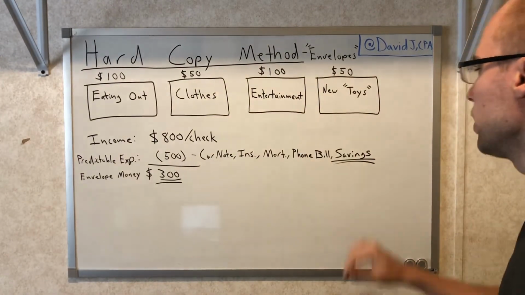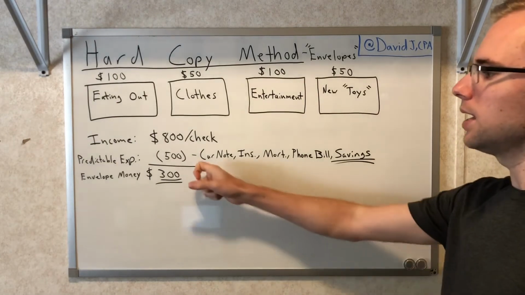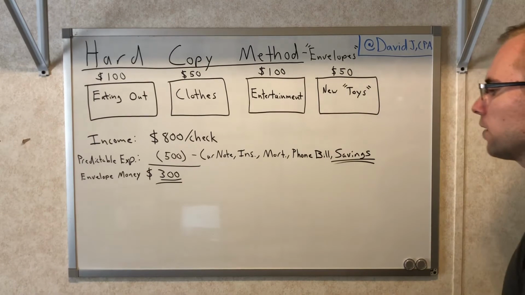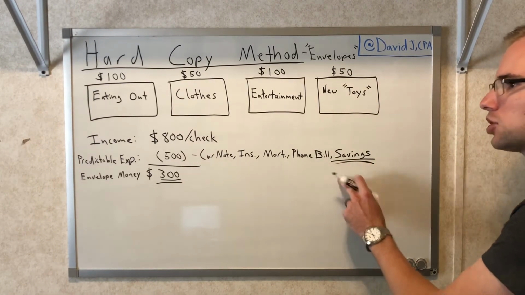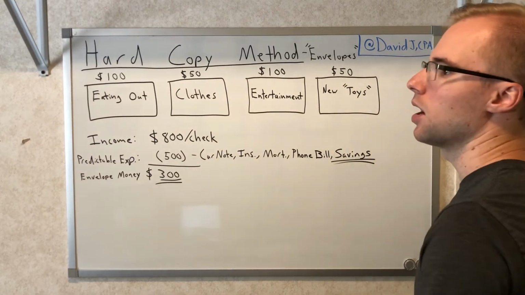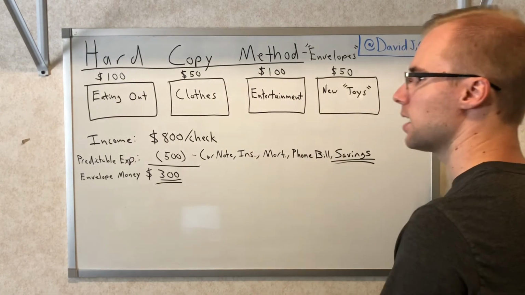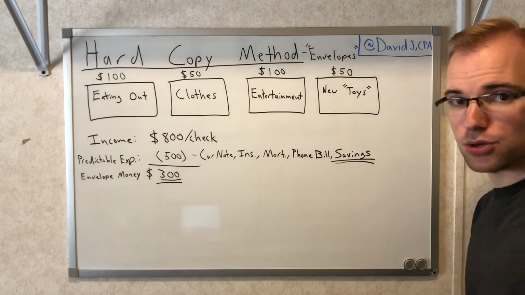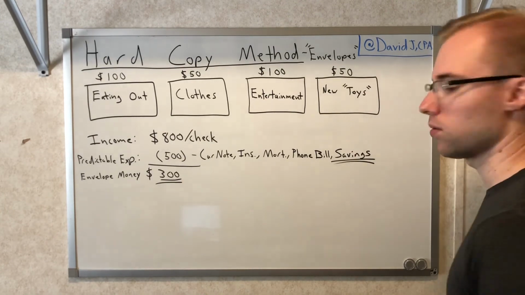That's not what you want. You want to include savings in your predictable expenses, because that should be a predictable expense in your life, to put something up every check for savings, emergency fund, something like that, investments, so you can achieve financial freedom. That is the purpose of this channel, okay?